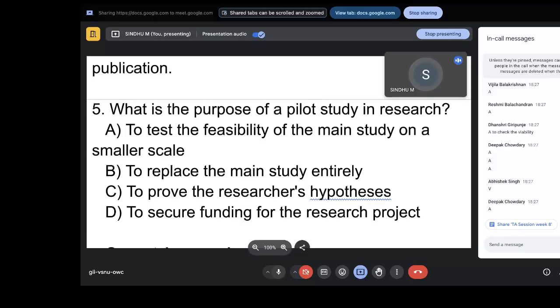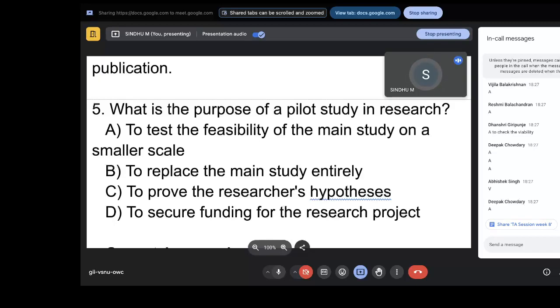Yeah, so in the pilot study, the main study will be conducted on a smaller scale. The main purpose is just to check whether the main study will be possible or not. So before conducting the main study, as a preliminary study, it will be conducted on a smaller scale.